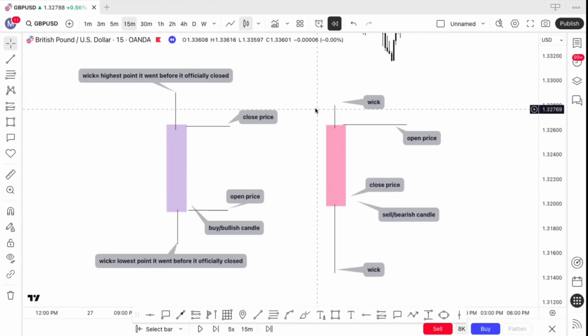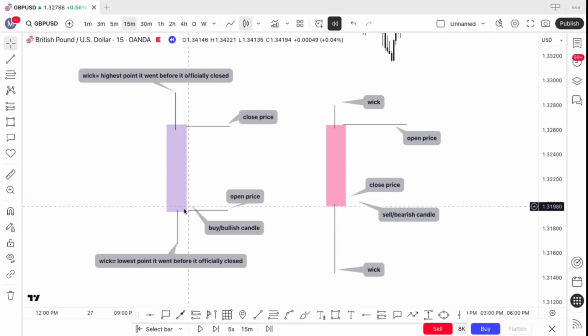So let's just say this is a bullish candle. You know it's a bullish candle because it's going to buy, it's going to go up, right? For a bullish candle, price is going to open at the bottom down here. It's going to close at a higher price because it went up. It's a bullish candle, it has to go up.